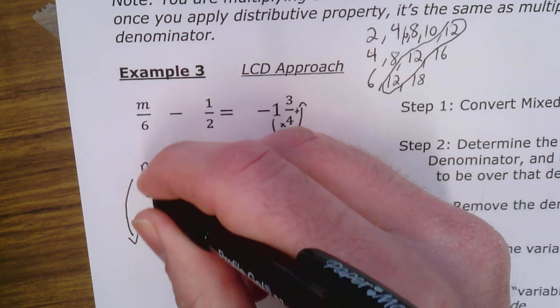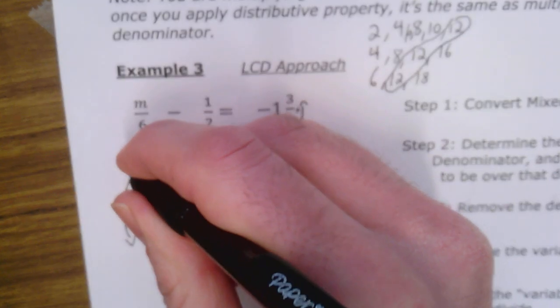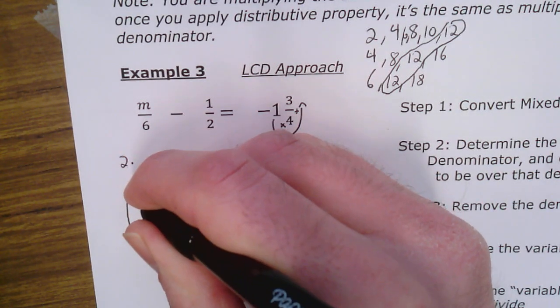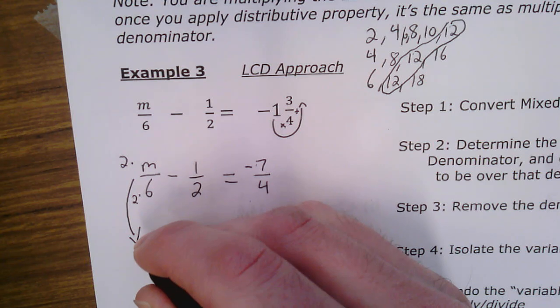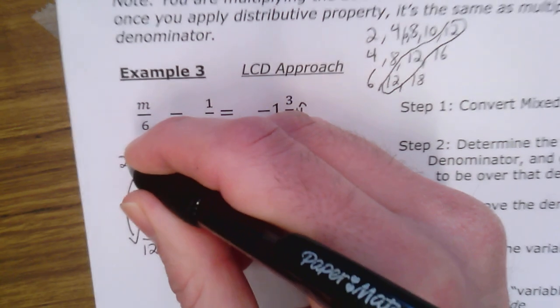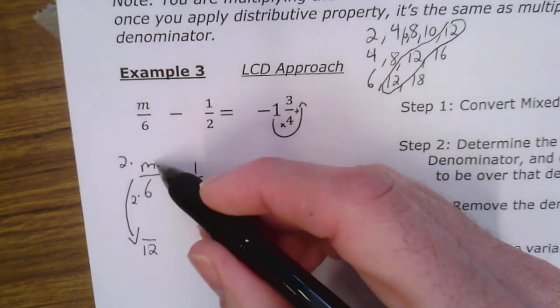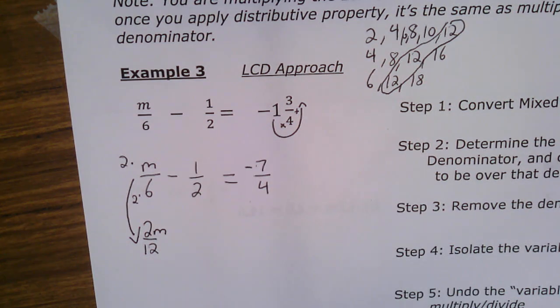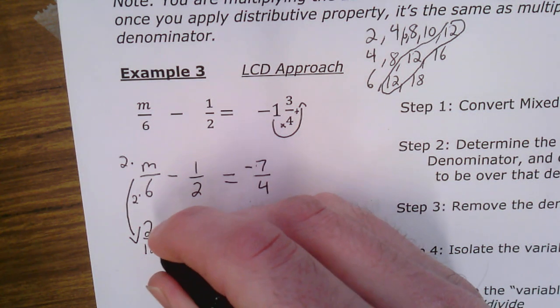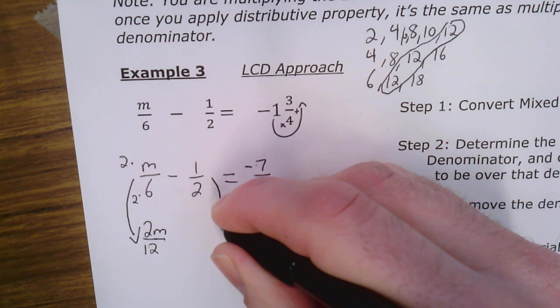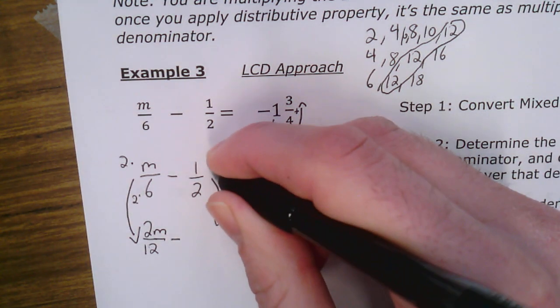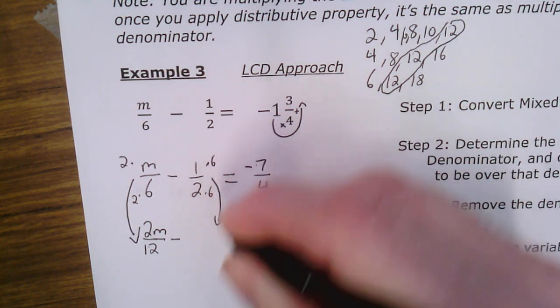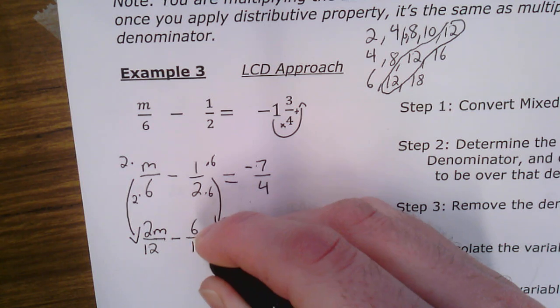So here, to get this to be a common denominator of 12, I have to multiply the top by 2, bottom by 2. 2 times 6 is 12. Remember from polynomials unit, 2 times m, since we don't know the value of m, we just have to leave it as 2m. Now we have half. Well, to get that to be twelfths, going to multiply the top and the bottom by 6. 6 twelfths.